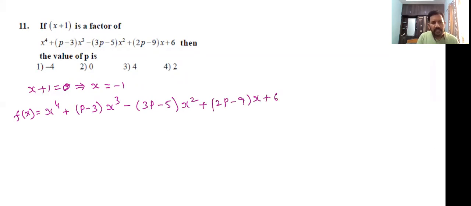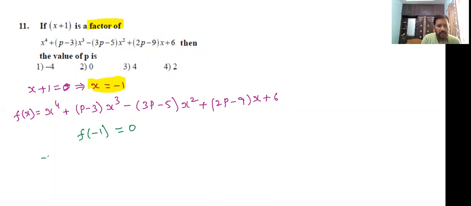Here x is equal to minus 1, or x plus 1 is a factor of the given expression. So f of minus 1 is equal to 0. Factor means the remainder is 0.